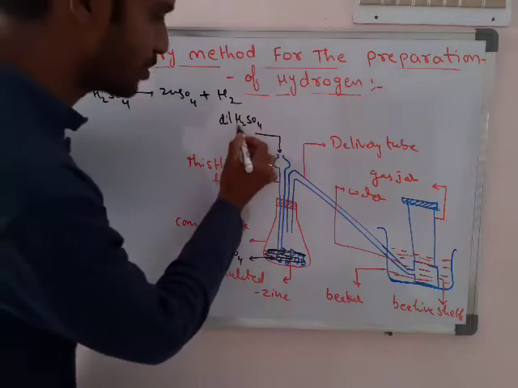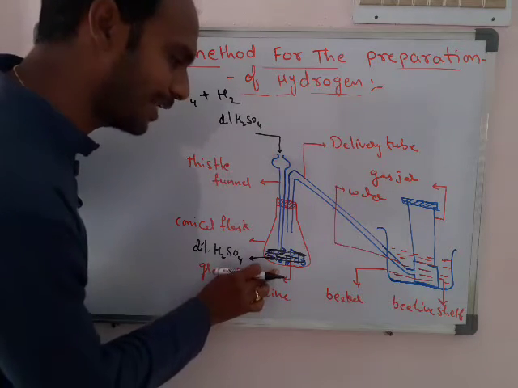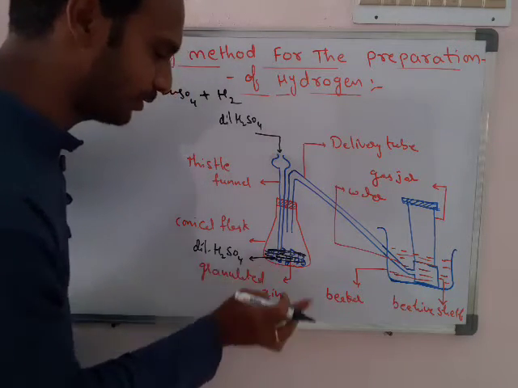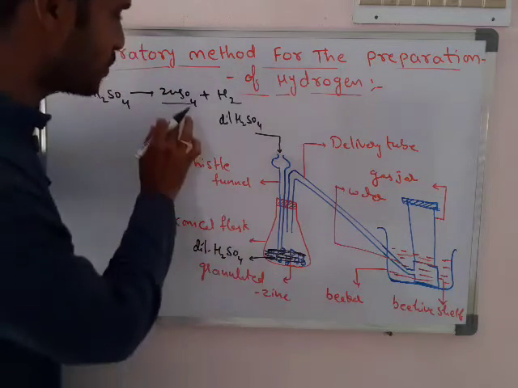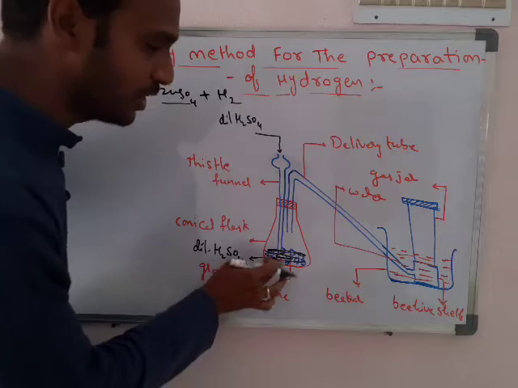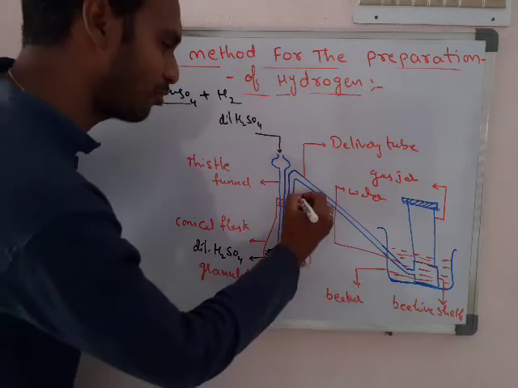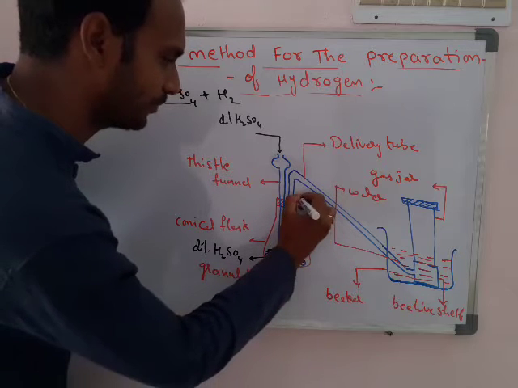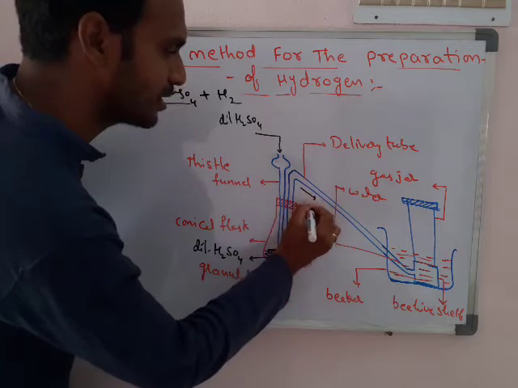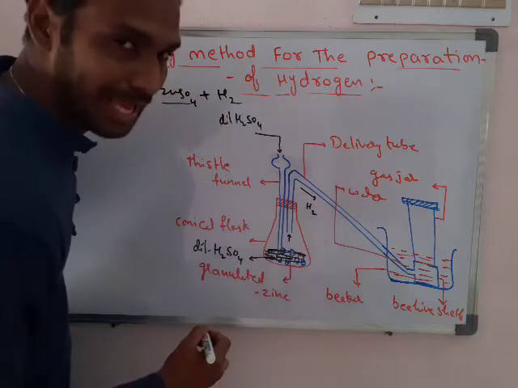So when dilute sulfuric acid is added to the zinc pieces, there is a formation of zinc sulfate and hydrogen gas. The zinc sulfate becomes soluble in it. The gas coming out is hydrogen gas. So the hydrogen gas comes out from this place like this. Okay, so this is the way of H2 gas.